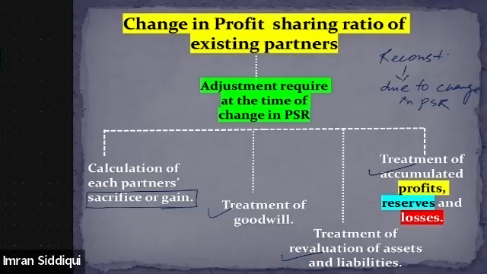Depending upon different questions, we may be asked to do different kinds of treatment. What I'm trying to say is that when we start discussing reconstitution due to change in profit sharing ratio, you may find a question asking you to calculate the gaining or sacrificing. You may be asked to do the treatment of the goodwill, the revaluation of the asset and liability, and the treatment of the accumulated profit and reserves and losses. I hope you understand this point.